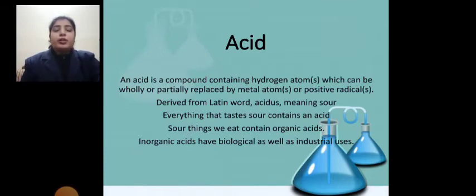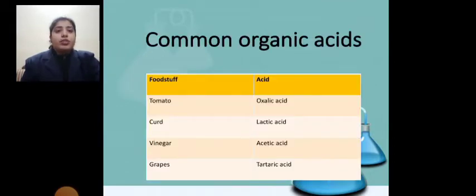Actually, there are two types of acid. The first one is organic acid and the second one is inorganic acid. The acids which we eat are organic acids, and the inorganic acids are used in industries and they have biological uses as well. Children, these are some common organic acids.